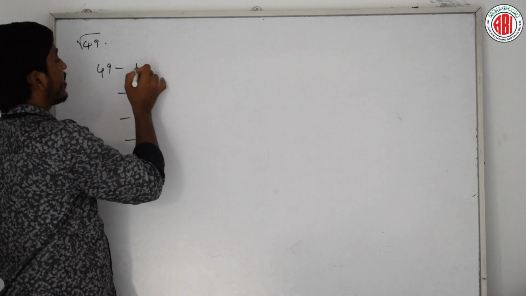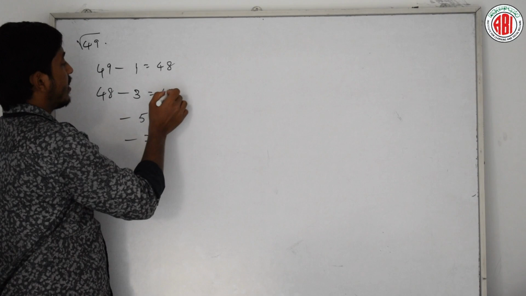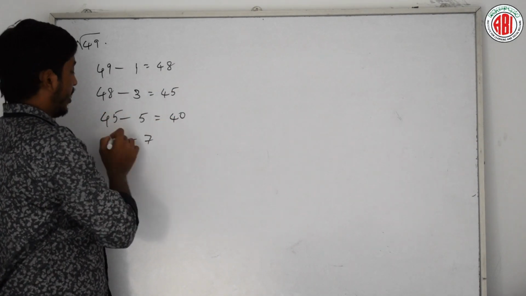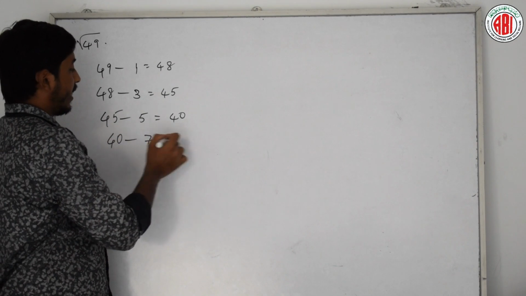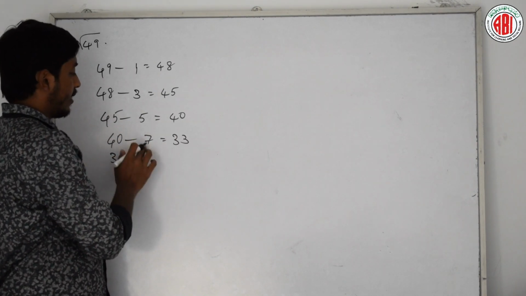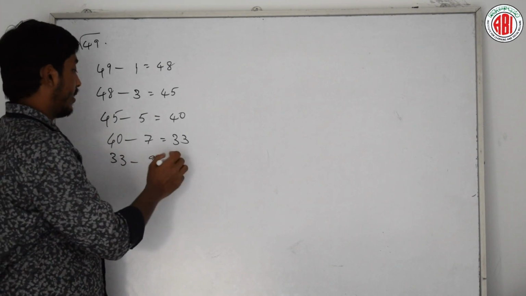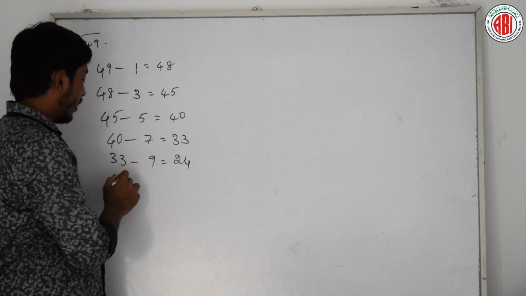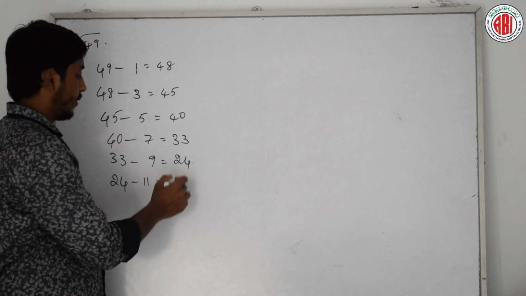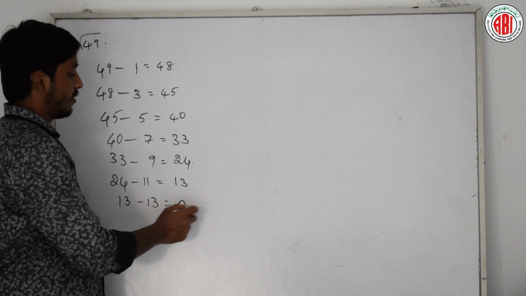Tell me, 49 minus 1, 48. 48 minus 3 is 45. 45 minus 5 is 40. 40 minus 7 is 33. 33 minus, after 7 we will get 9. 33 minus 9 is 24. 24 minus 11, how much is it? That will be 13. 13 minus 13 will obviously be 0.